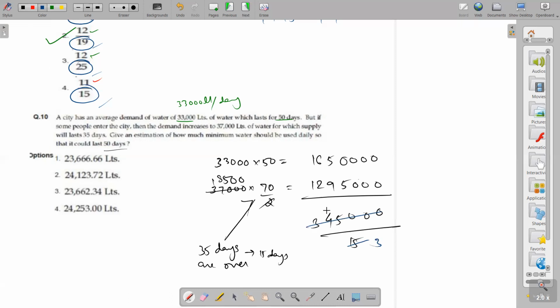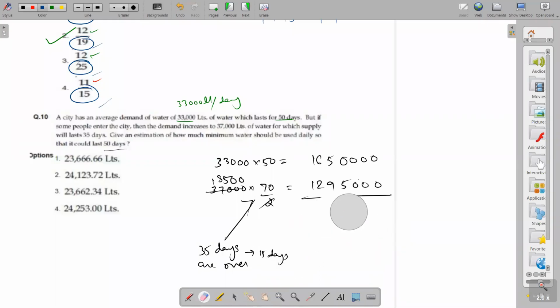5 3s are 15, 5 6 are 30, 31, 32, 34, 5 9s are 45. This is something like 2300. I think I have done some calculation mistake. Let me use the calculator. Over here I have done a subtraction mistake.